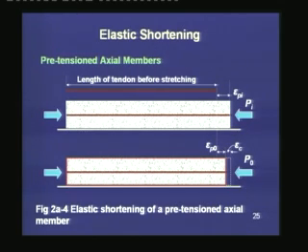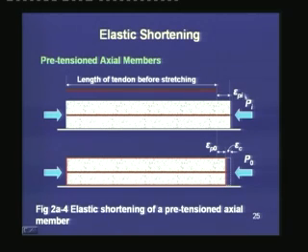Now, we are trying to understand the change in strain due to the elastic shortening. When we are stretching the steel, there is an initial strain in the prestressing strand, which is the strain calculated based on the original length of the concrete member and the length of the tendon before the stretching.